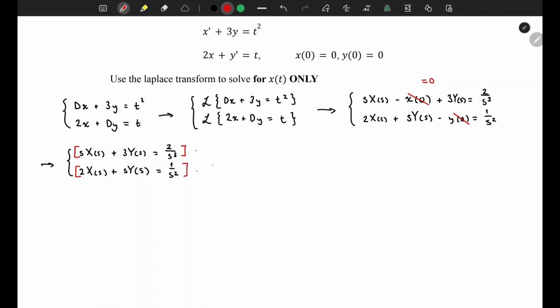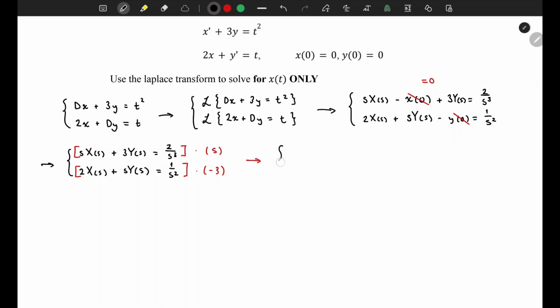So what we can do is multiply negative 3 to this equation and multiply s to this one. That way we'll get 3s Y of s, and in the second equation we'll get 3s Y of s, but a positive, and we'll see that they'll cancel out once we add the equations.